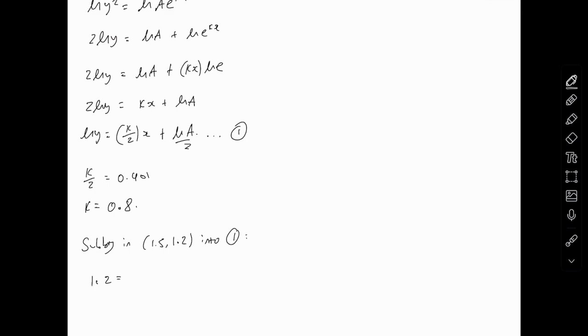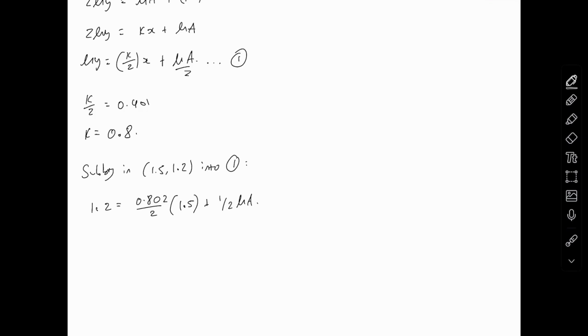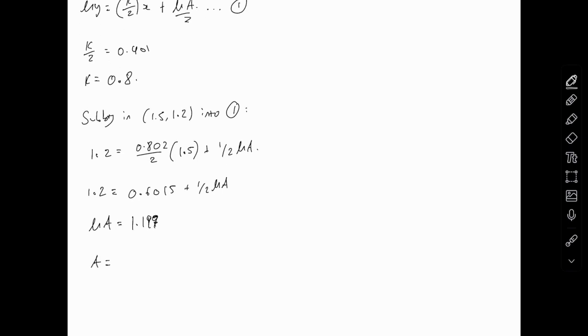That gives us 1.2 is equal to 0.802 over 2 times 1.5, plus a half ln A, which means that 1.2 is equal to 0.6015 plus a half ln A, which means therefore that ln A is equal to 1.197, which therefore means that A is going to equal e to the 1.197, which means that A is going to equal 3.31.